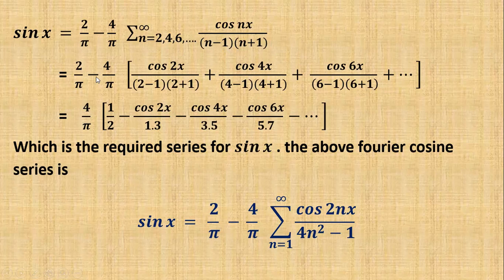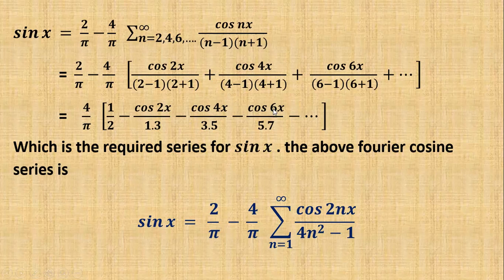This is equal to 2 by pi minus 4 by pi into, so from the total term we took 4 by pi common. Taking 4 by pi common, here 1 by 2 comes. Minus cos 2x by 2 minus 1 is 1, 2 plus 1 is 3, 1 into 3. Since we multiplied with minus, cos 4x by 4 minus 1 is 3, 4 plus 1 is 5.